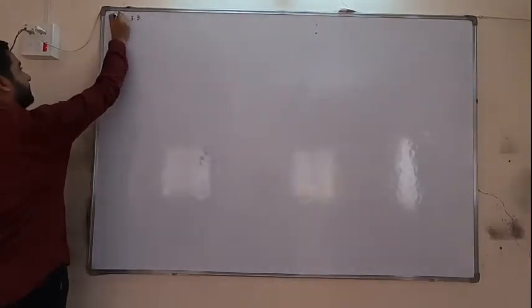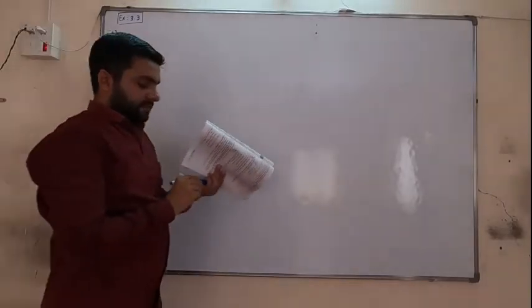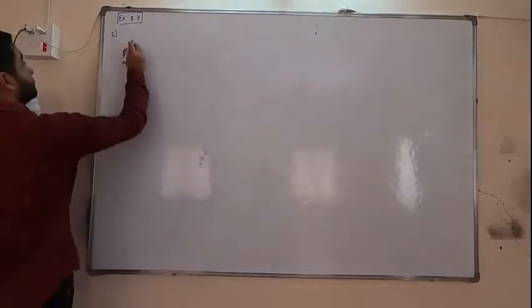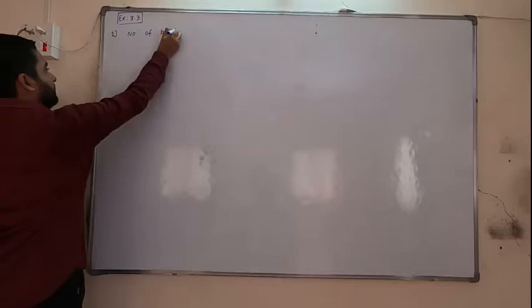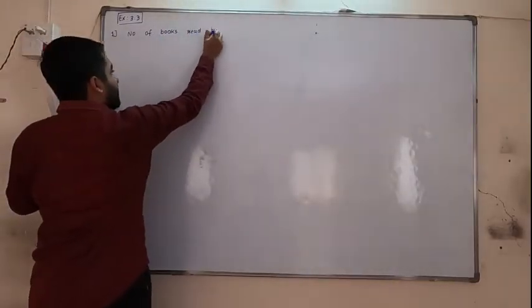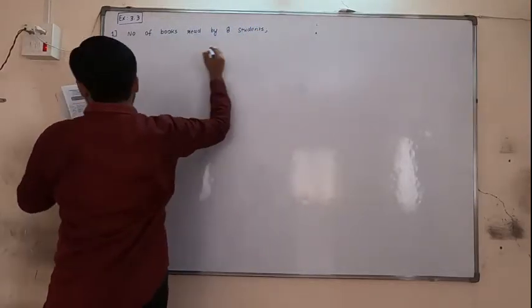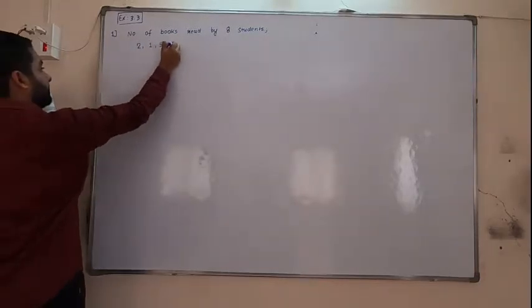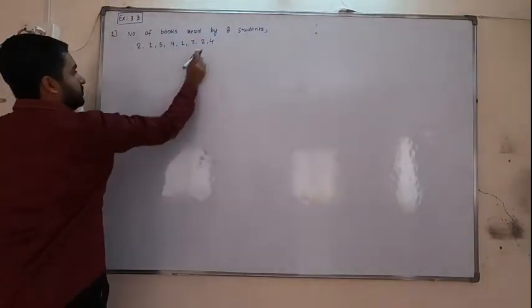So exercise 3.3, we have sum number 1. Now first write the data, what is given. Number of books read by 8 students: 2, 1, 5, 9, 1, 3, 2, 4.